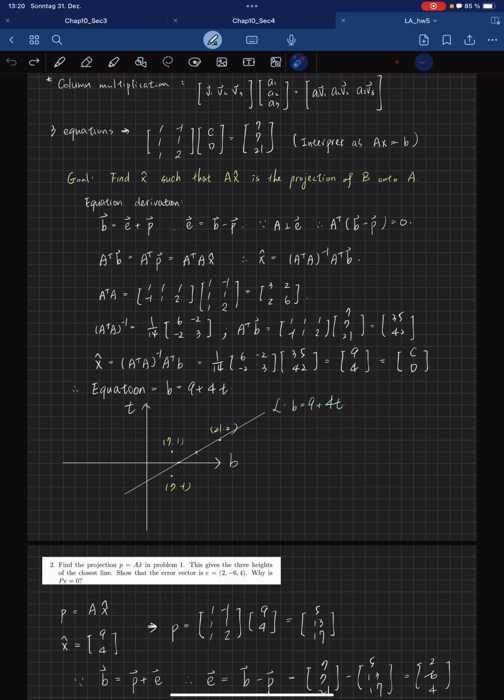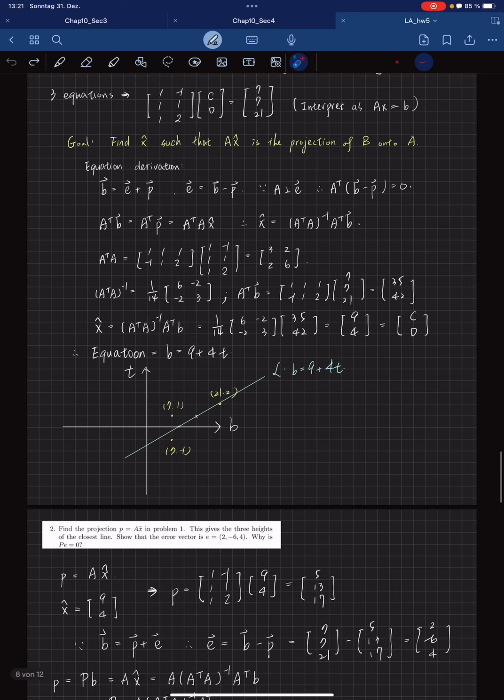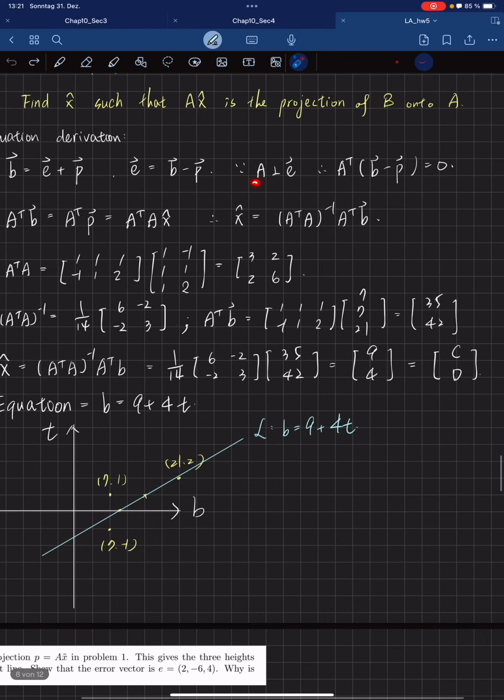Since e is an orthogonal component to our matrix A, we know for a fact that A is perpendicular to e. So we can derive that A transpose e is in fact 0.